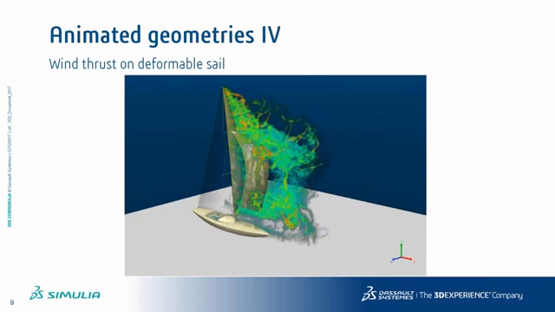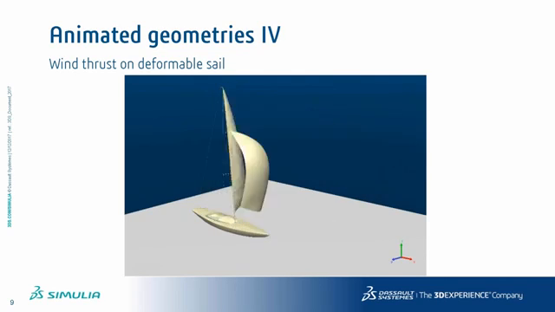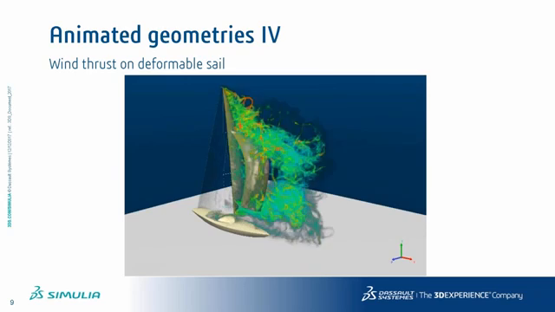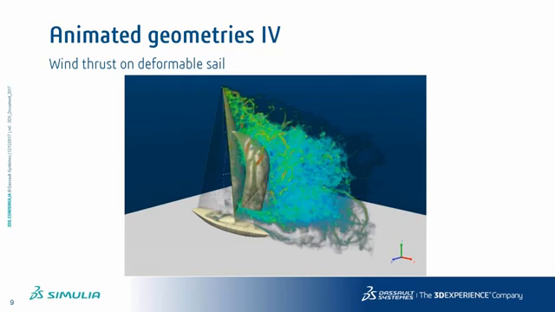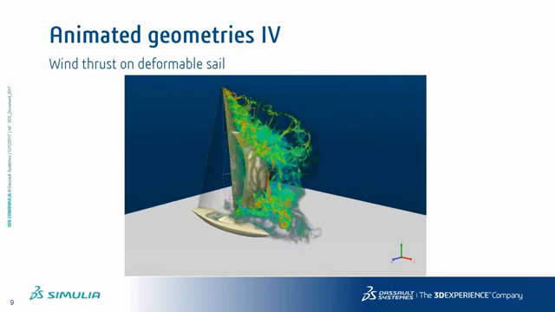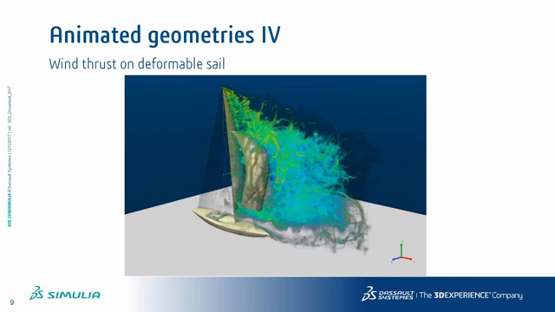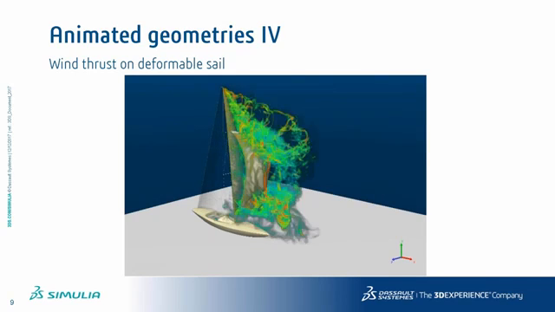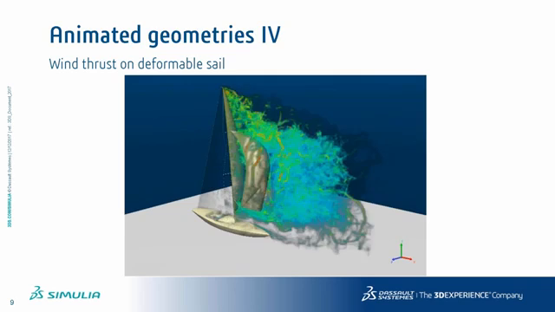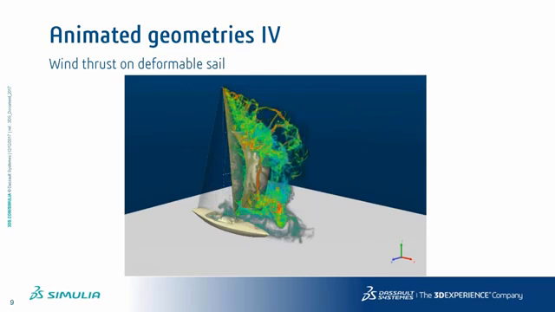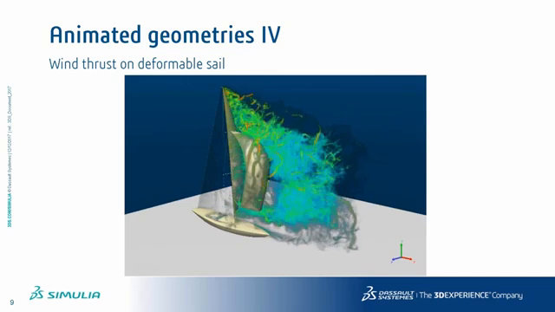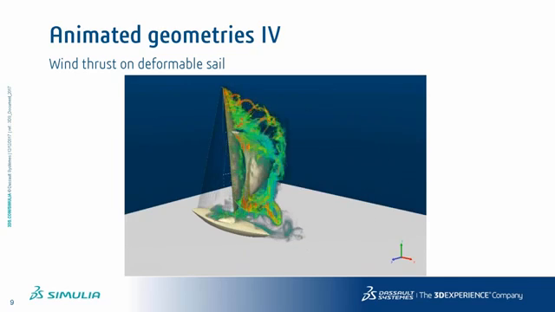So you can actually calculate the thrust or the loads on the sail, not as a fixed object, but as an animated geometry, so as an object which actually deforms over time. Of course, that gives you more realistic results on the loads that you're going to have, and some of the effects of interaction between sails and the hull, for example.